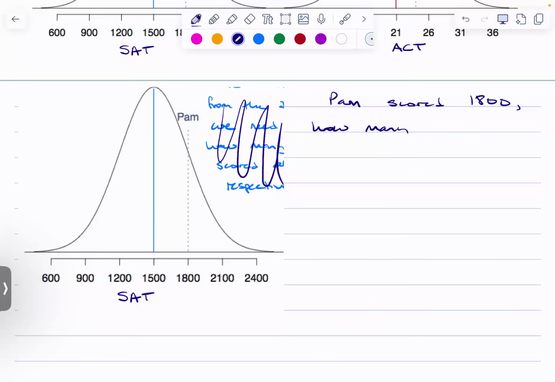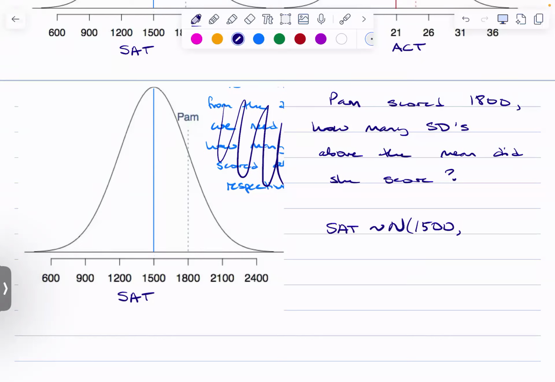How many standard deviations above the mean did she score? The SATs, we know, follow a normal distribution centered on 1500 with a standard deviation of 300.